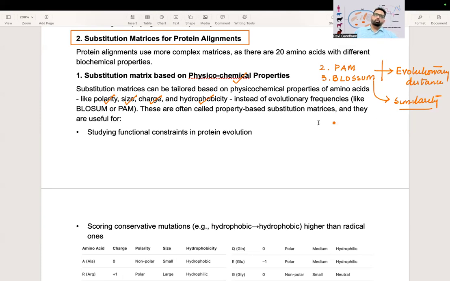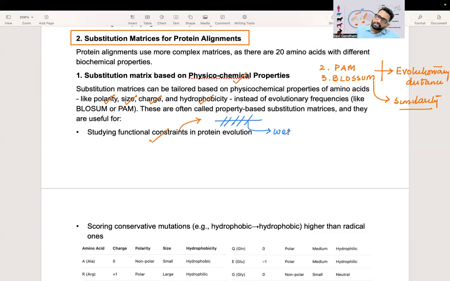Now, when are you actually going in for substitution matrices based on physicochemical properties? You go in for such matrices when you're studying functional constraints in protein evolution. And what do you mean by functional constraints? It means there are certain regions in the protein which are well conserved.